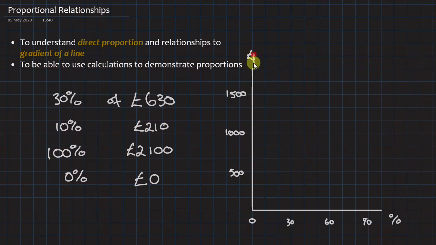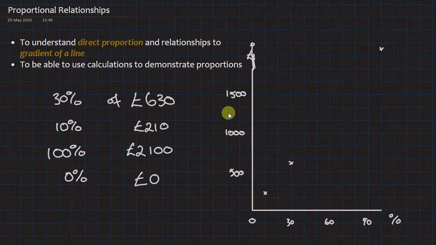I need to actually take this scale a bit further, the money. What we've got is 100% is 2,100, so it's about there. 30% was 630, that's going to be a bit underneath that one. We said 10% was 210. 210 is just under halfway to 250.